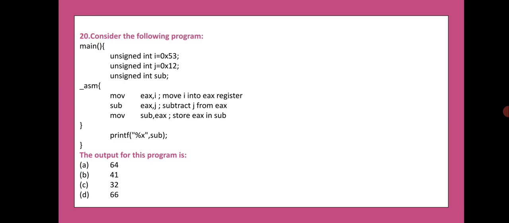Now note that the asm statement allows you to place assembly language statements in the middle of your C source code with the asm opcode, operands and a new line. Any C symbols are replaced by the appropriate assembly language equivalent. Here 53 minus 12 will become 41, right?